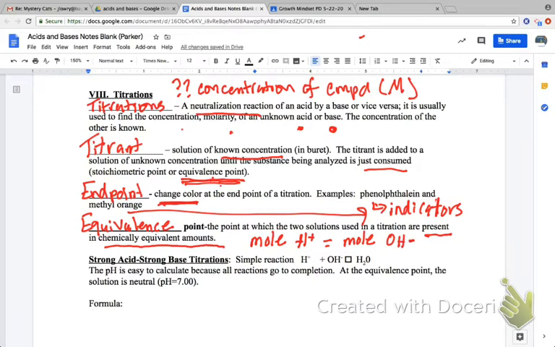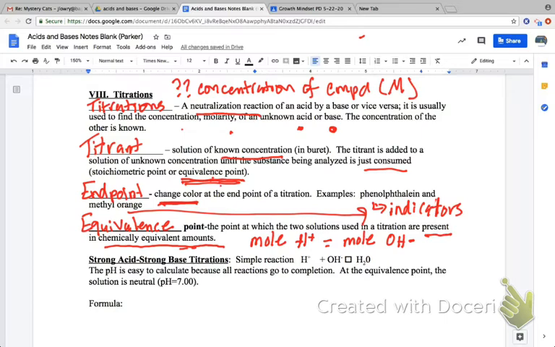And if you have picked your indicator correctly, when this happens, you should see a color change, and that's what indicates that the titration is over.